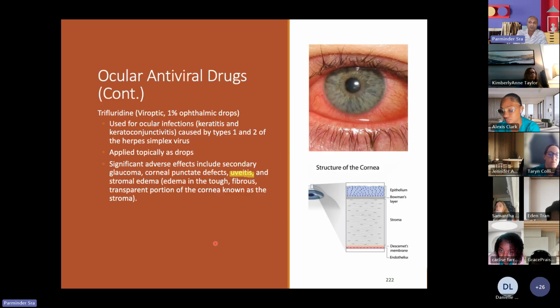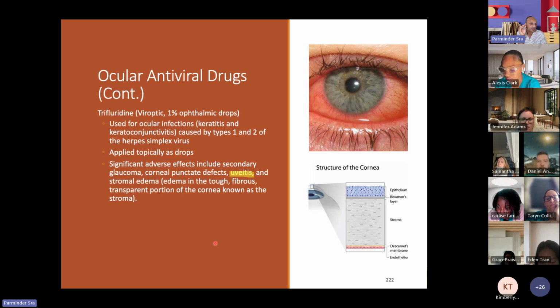Okay, now trifluridine, adverse effect. This is important for us to know. Trifluridine can cause a condition called uveitis. What is that? It is an inflammation of the eye, when the middle layer of tissue in the eye wall, which is called the uvea, is inflamed.